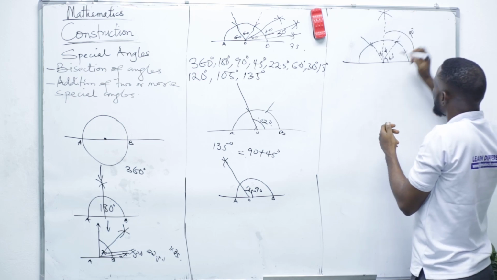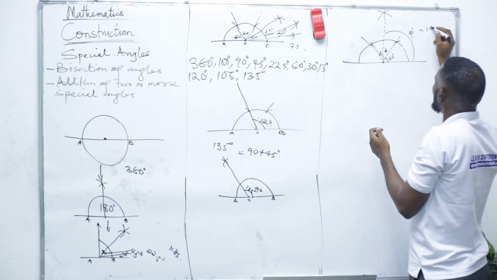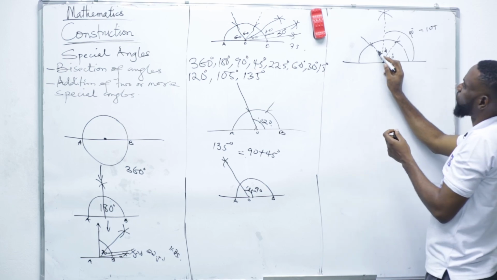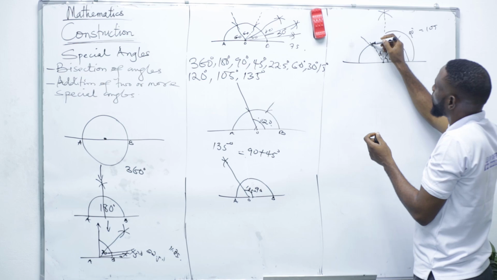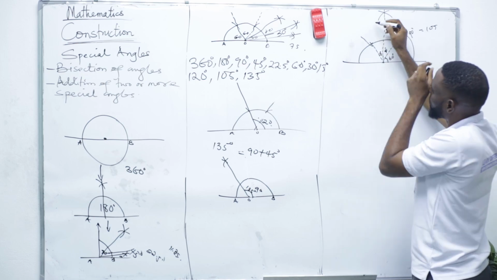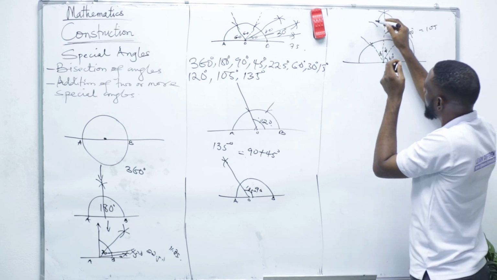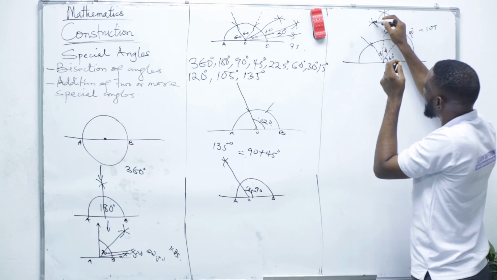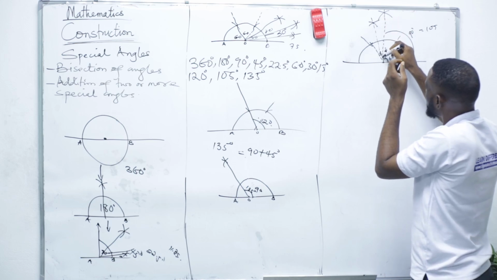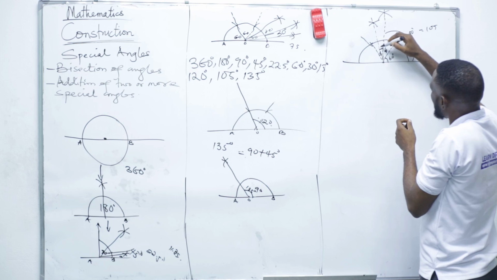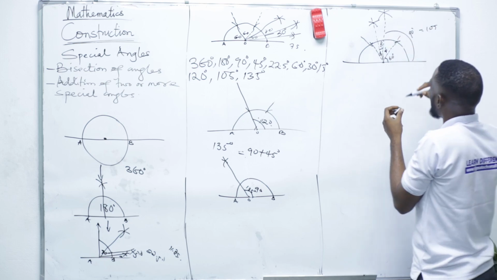We need 15 to make 105, right? So to get that 15, we bisect this 30. We put our compass at any radius of our choice. We draw here. We also draw. Then we bring it down. So this place now is 15.